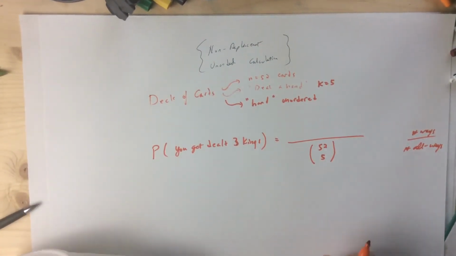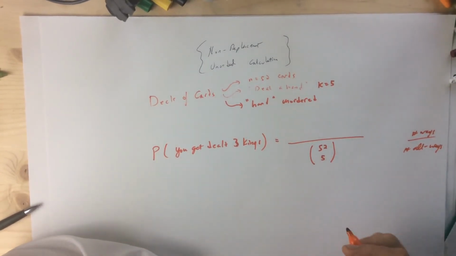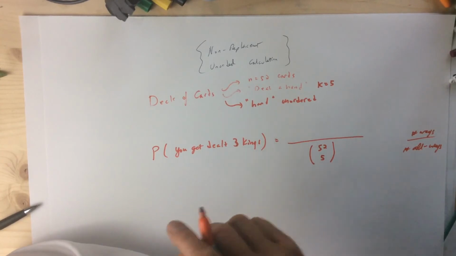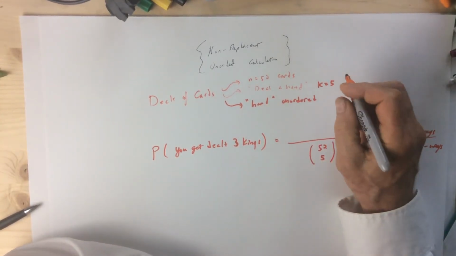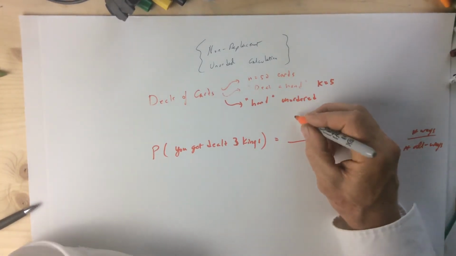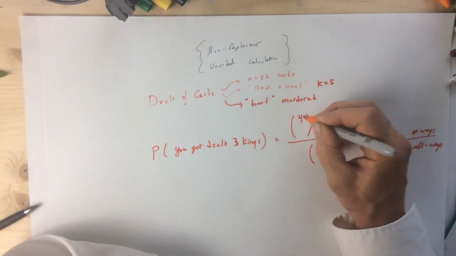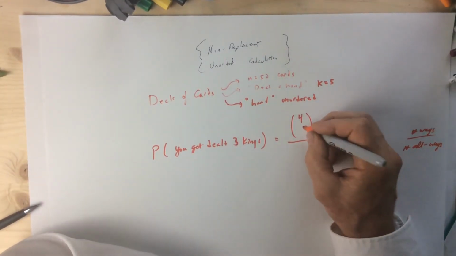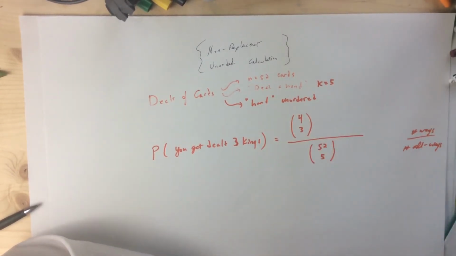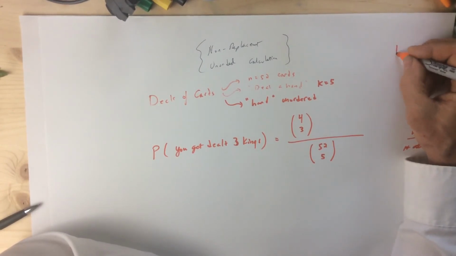That's the total hands deliverable. Now I'm going to ask, how many ways can I actually be dealt 3 kings? Well, you get dealt your hand and just ignore the non-kings. Well, you know you have 4 kings in the deck, and you somehow chose 3 of them in your hand. That number is 4, and it's pretty easy to see.